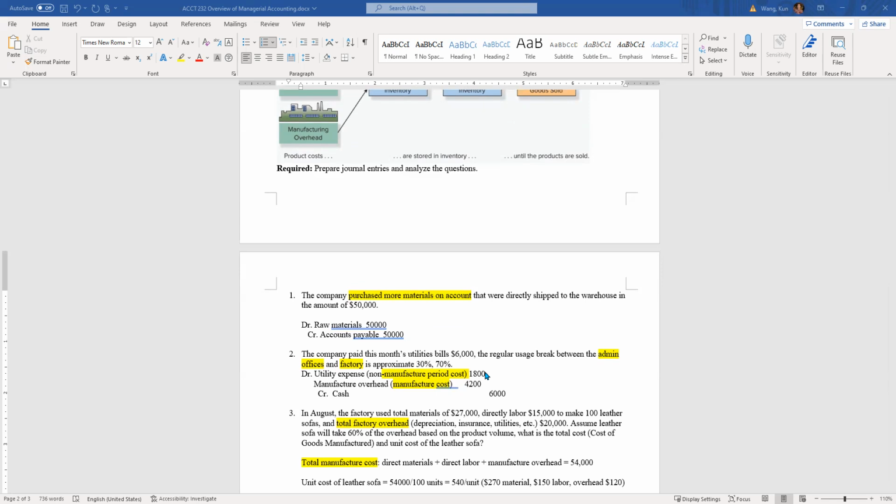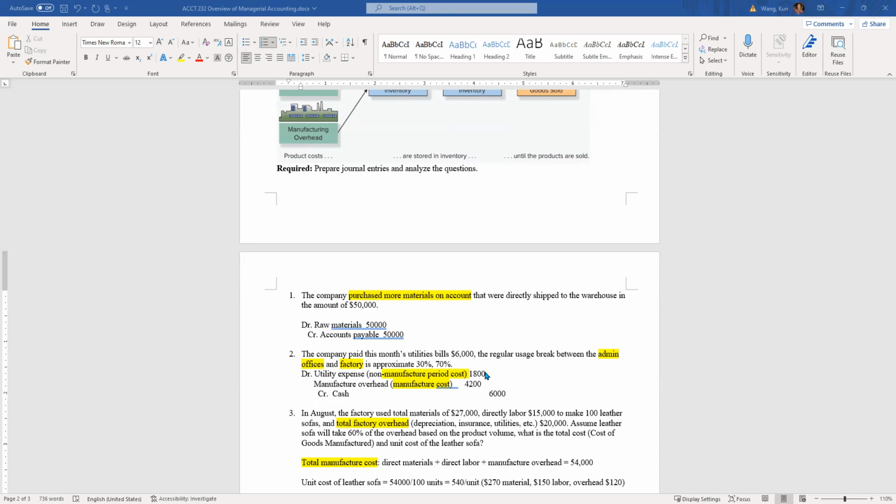The month's utility bills, so that may include your water bills, electricity bills, or other utility bills, $6,000. The utilities are used by all of the departments and functions of the company. So there is a breakdown between the admin offices and factory settings.